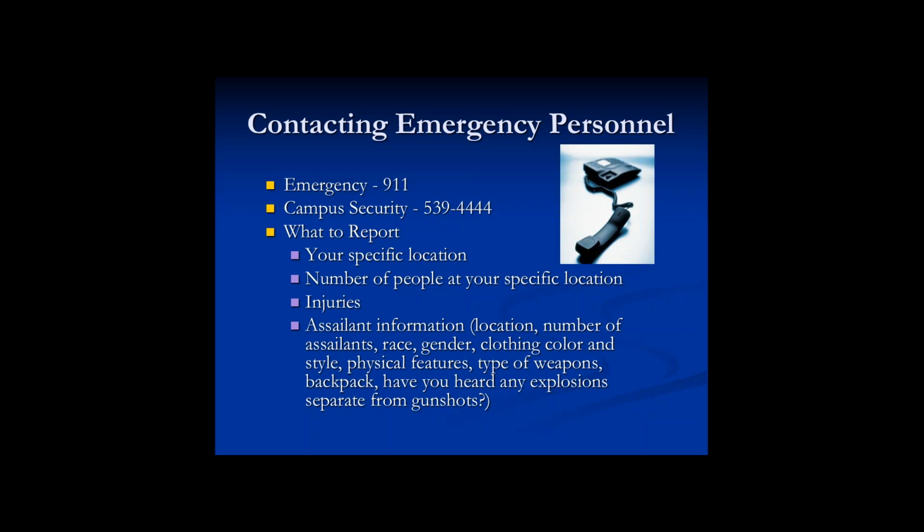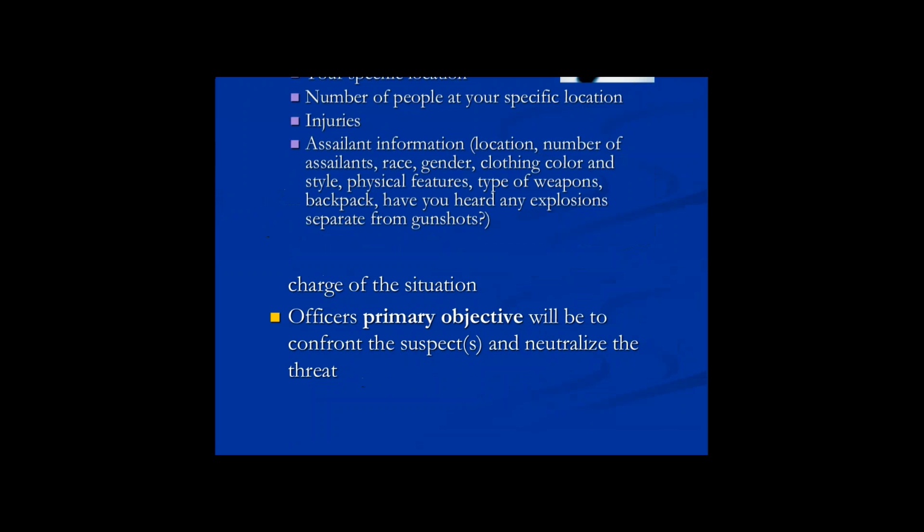You need to report your location, the number of people in your location, any injuries, and as much information as you can give them about the assailant, such as location, number of perpetrators, race, gender, clothing color, physical features, type of weapon, backpack, have you heard explosions, that type of thing. Now, that's kind of difficult to do when we're under the gun, so to speak, but we need to be as observant and report as much as we can.